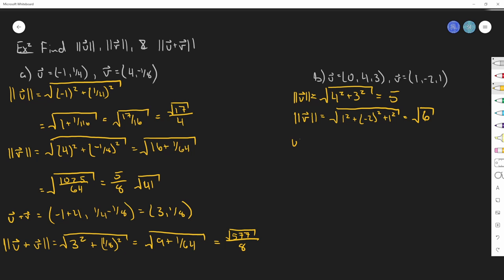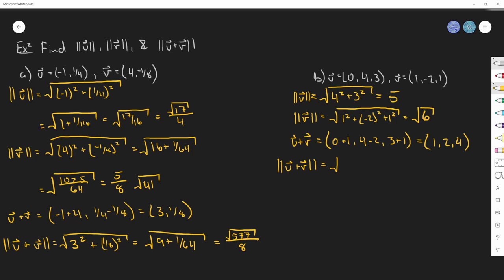And then we just gotta add u plus v. So that is equal to 0 plus 1, 4 minus 2, and then 3 plus 1. That will give us 1, 2, 4. Oh, so close to 1, 2, 3. Oh well. And now to take the magnitude, you just take the magnitude like you always do on every other vector.